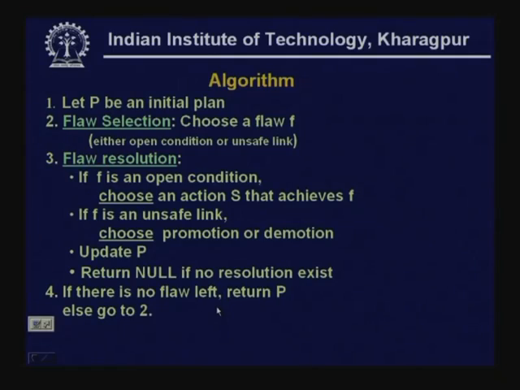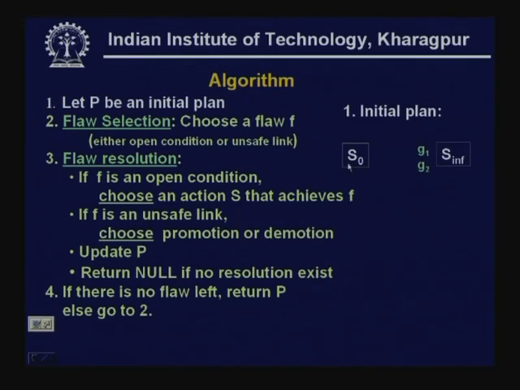If the flaw that we have chosen is an open condition, we must choose an action S that achieves F. If F is an unsafe link, then we will choose to promote or demote the current step in the plan. And once we have done this, we update the current plan. We return null if no resolution exists, and if there is no flaw left, we return P, else we go back to step 2 and continue.